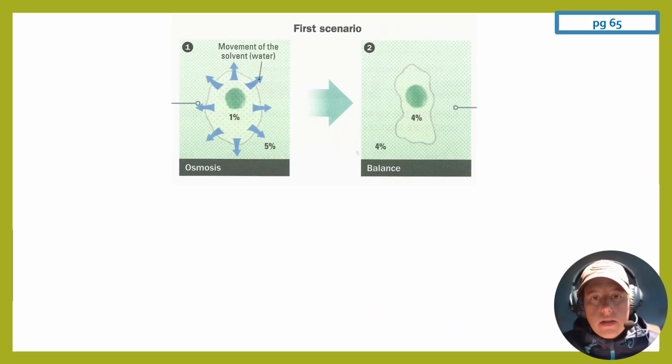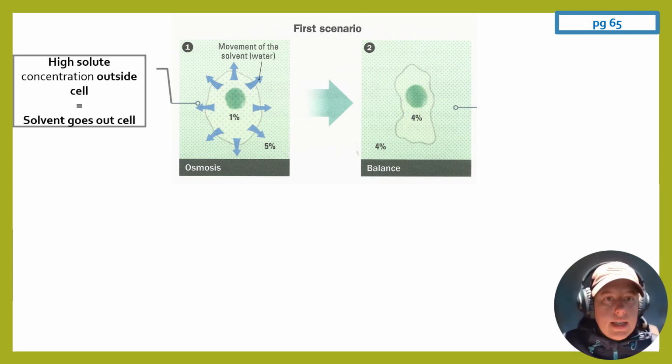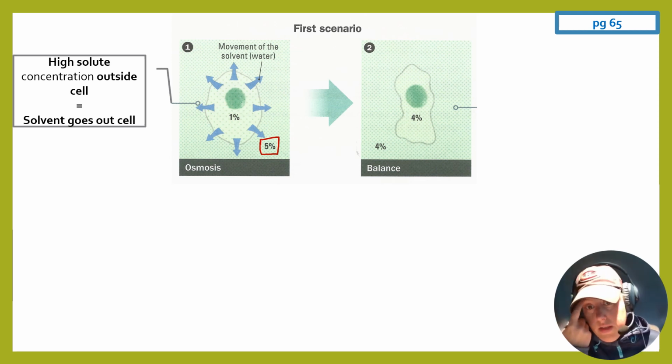If we're looking at our first example right here, we see that we have a high solute concentration outside the cell. Because the solute cannot move easily, water has to bring that concentration down. So water has to go there to dilute it. If water is going to dilute it, it has to leave from an area where it was low to begin with, so inside the cell, and go outside of the cell.